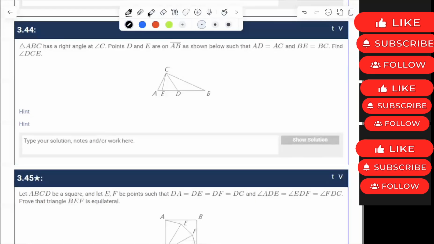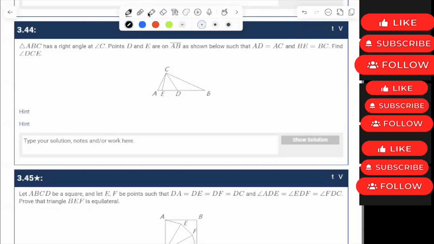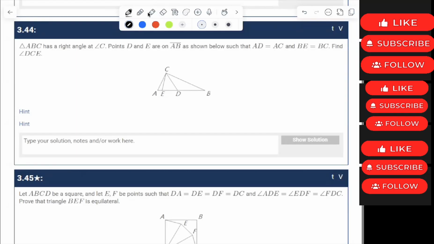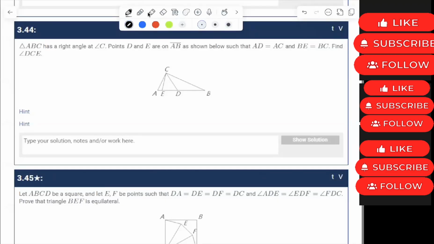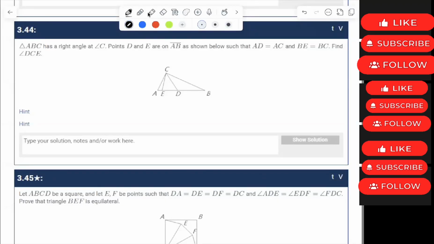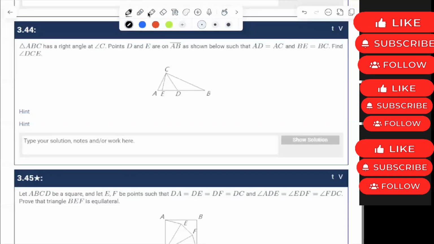Well, let's get started with this question now. So how would we approach this? We have a bunch of medians. What is a median? Well, a median is basically a line from a point that bisects another line segment, right? Now we have AD equals AC and BE equals BC, all right?